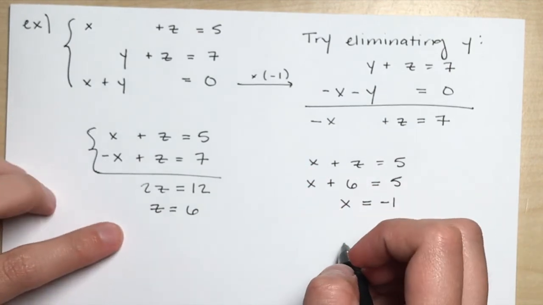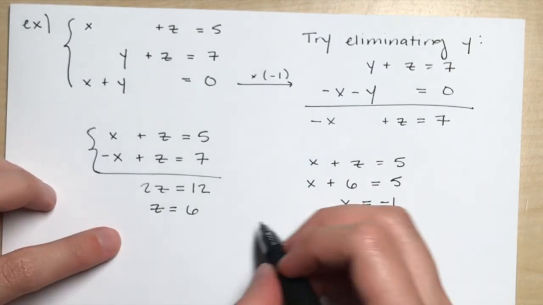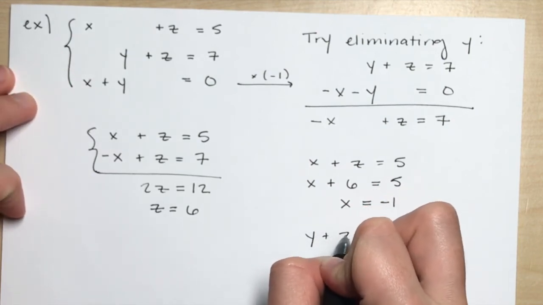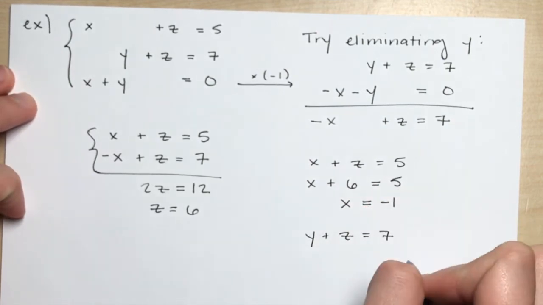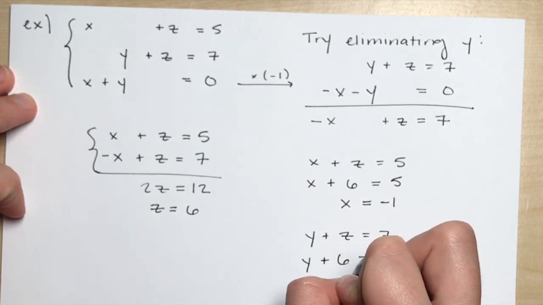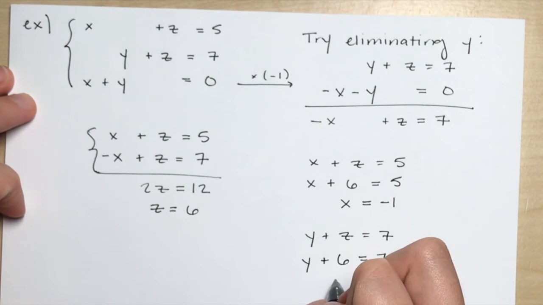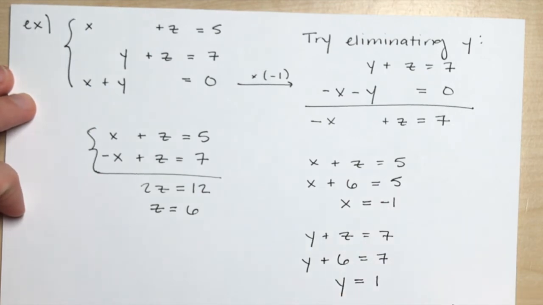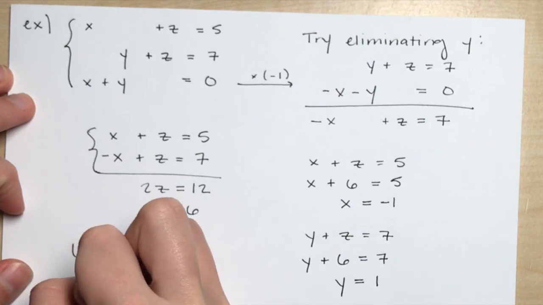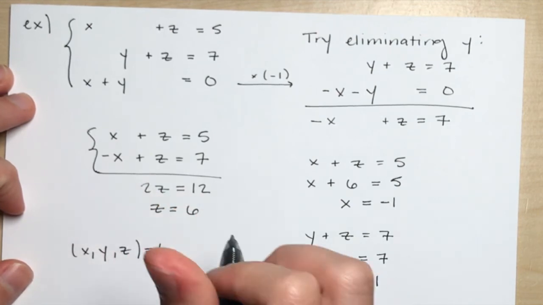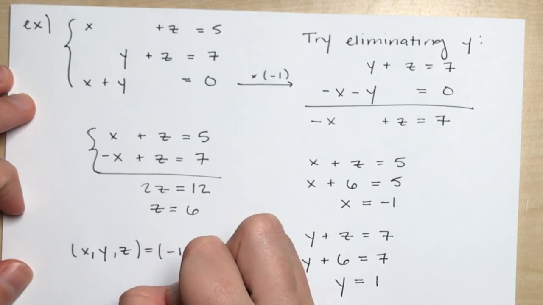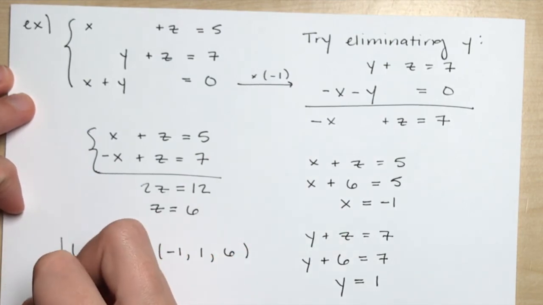We only need to do one though. Let's use z again. So we know that y plus z is 7, and again we know that z is 6, so we know that y is +1. So the solution here is x, y, z equals -1, +1, and 6.